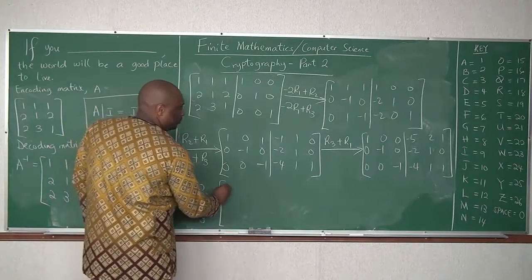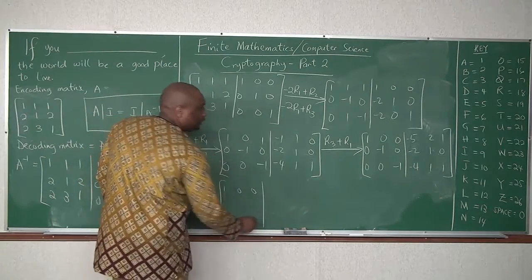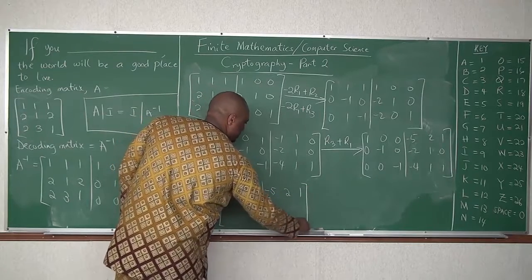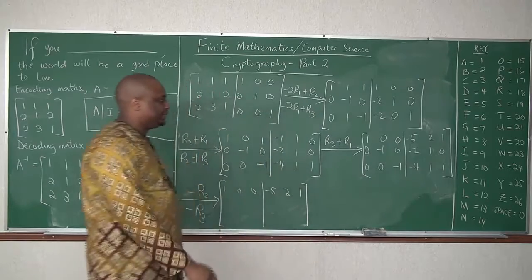So this gives me 1, 0, 0, -5, 2, 1, because this does not change. This did not change. Row 1 did not change.